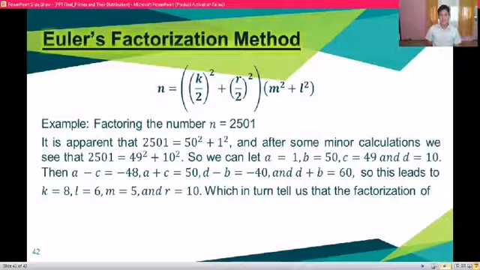A minus C is equal to negative 48. And then we have D minus B is equal to negative 40. So, kung kwaon na nato ang ilang GCD, ang GCD sa negative 48 and negative 40 kay 8. Okay? And then, we know that K is equal to the GCD of A minus C and D minus B. Therefore, our K is equal to 8.